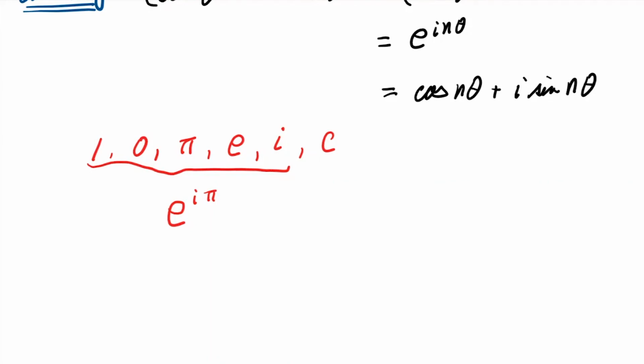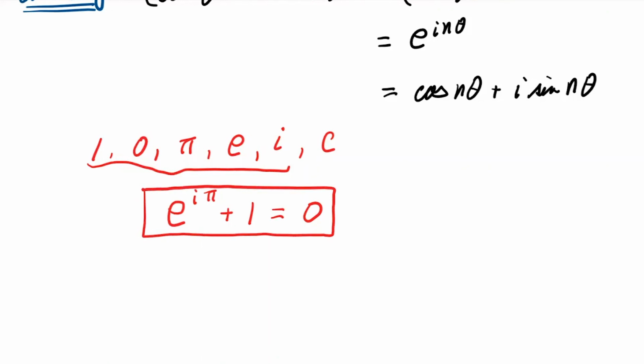So what is it? -1. So if I add 1 to it, we should get 0. Well, this neat little equation has all five of these natural constants in it. Isn't that great? All five of them are related to each other in this manner. Dang, huh?